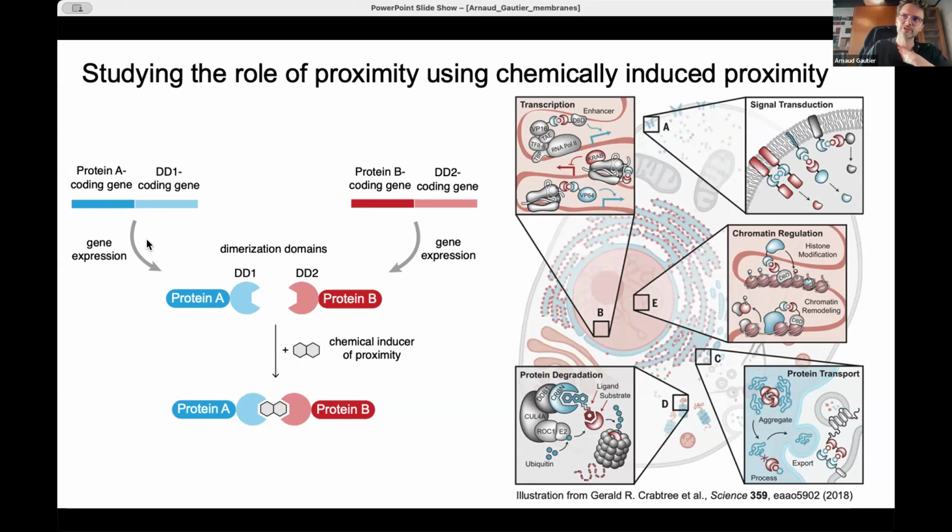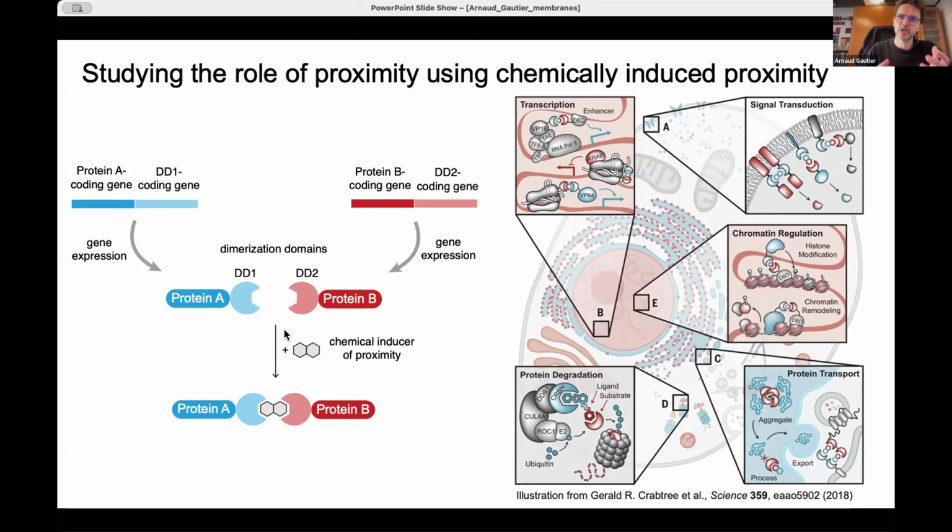So this concept of chemically induced proximity tool is really simple. It's basically you can fuse to two protein A and B, you are interested in studying the role of their proximity. You fuse them to two dimerization domains here called DD1 and DD2, which only interact in presence of a small molecule that we call a chemical inducer of proximity.